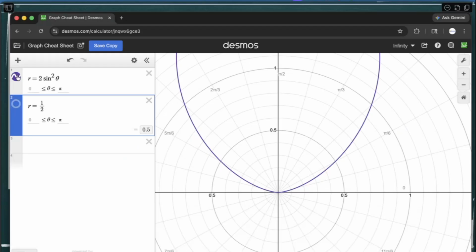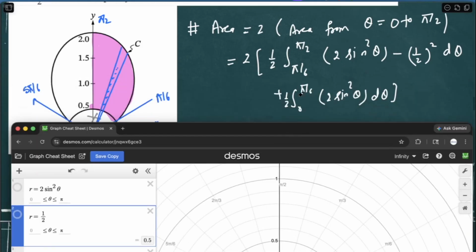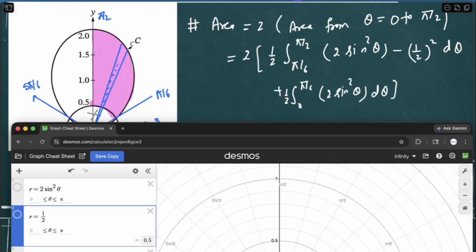I'm going to hide all this. What I need is the integration part. If I multiply by 2, these 1 by 2, 1 by 2 will cancel out. So I should be getting only the integration part. So integration from pi by 6 to pi by 2.